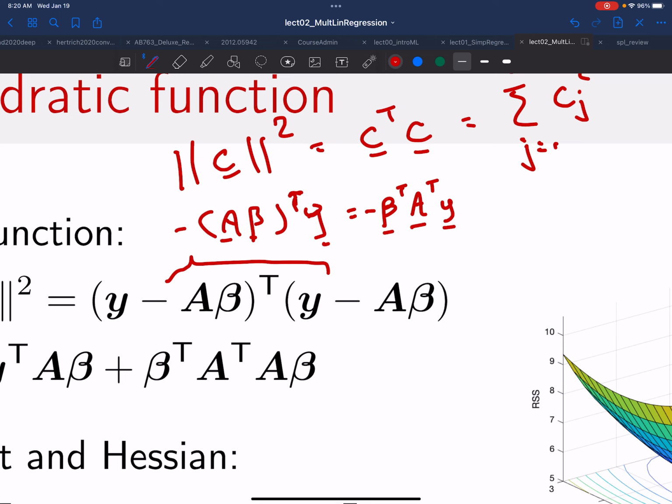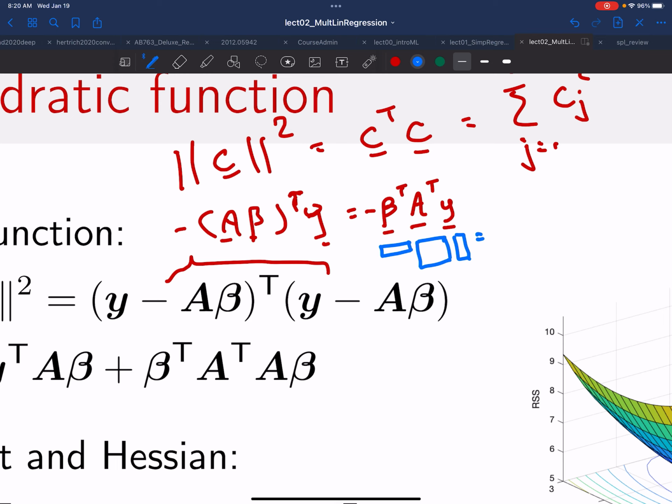Let's also recognize one thing. What is the dimensionality of this final expression? Is this a vector, a matrix, or a scalar? Let's think about this. Beta transpose is a row vector, A transpose is a matrix, and Y is a column vector.